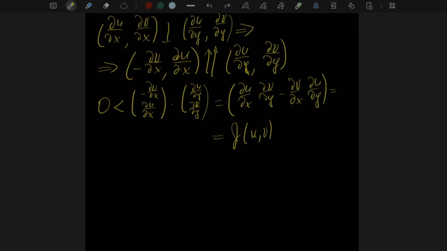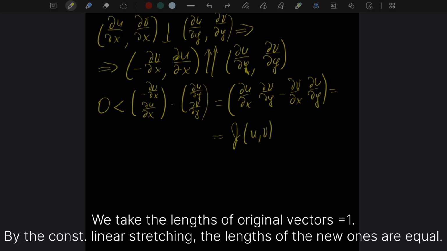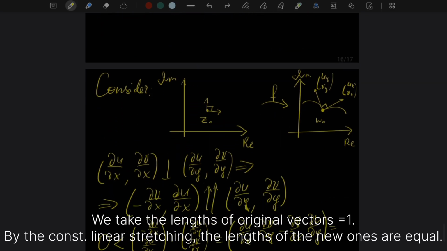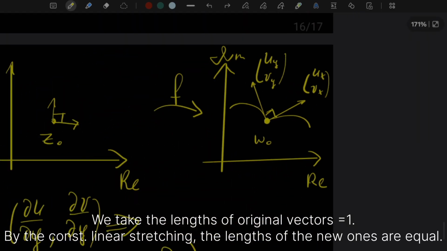Now, but you may say, it doesn't prove anything. The Cauchy-Riemann equations may in fact still be the opposite side. And I will agree with you. Now, from the property of constant linear stretching, the length of these new vectors here, they are the same.